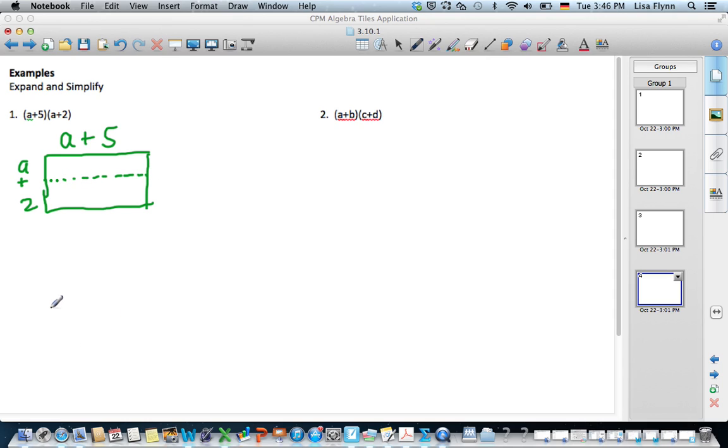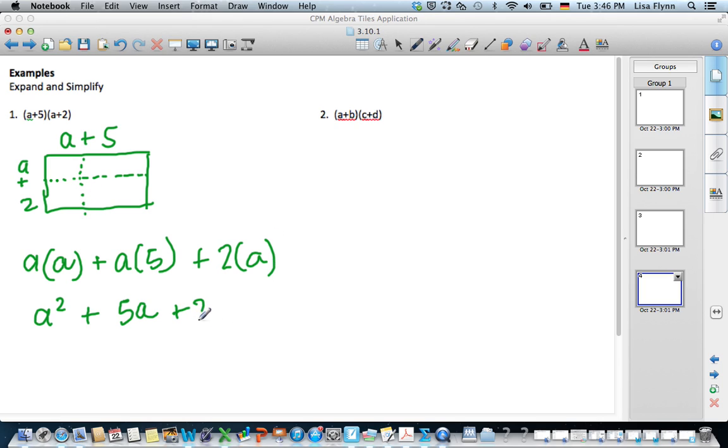We know that A times A is going to be A squared. And then A times 5 is going to be 5A. Let's look at our second one. 2 times A is the 2A.